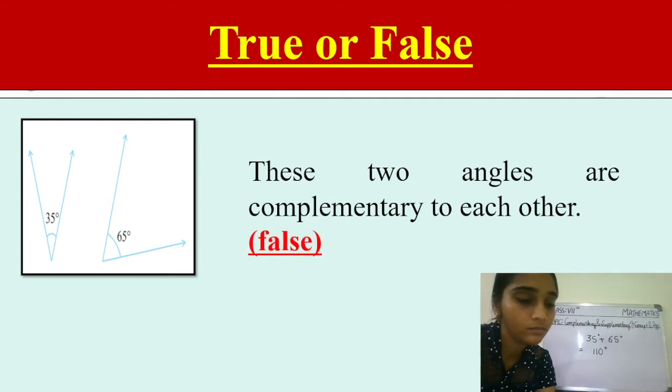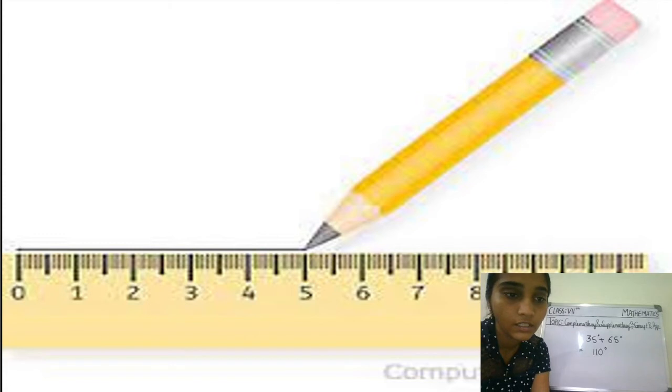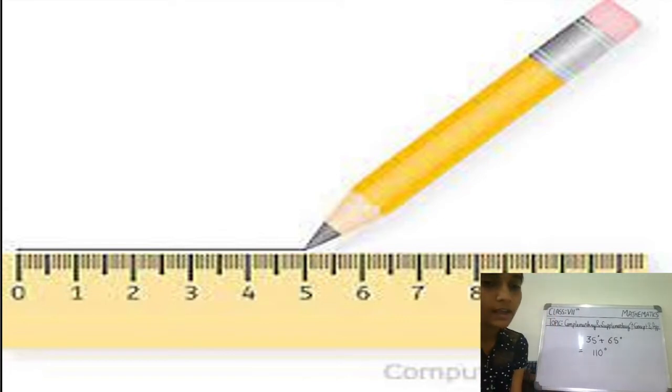Let's proceed now. Yes students, so now what do you observe over here? Yes, that we have a scale and a pencil. Okay, and I have also kept the pencil like this, which is shown over here.